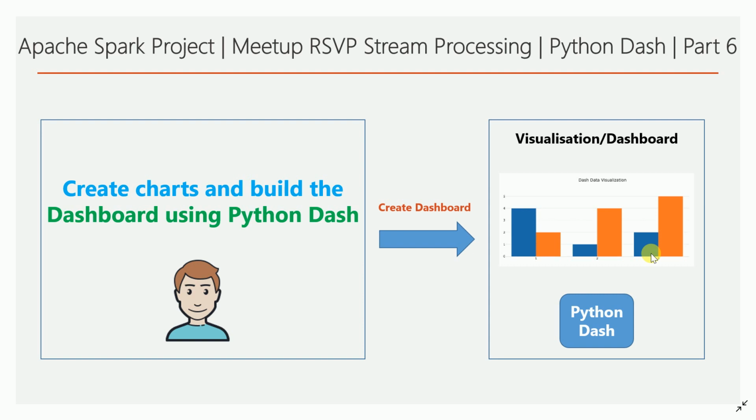I will have a bar chart which shows the RSVP messages aggregation every 10 seconds. Whatever the last batch is from Spark Structured Streaming, the aggregated data is stored in MySQL. From MySQL, I want to get the last batch data and show you the top 10 groups which get the most RSVP messages.